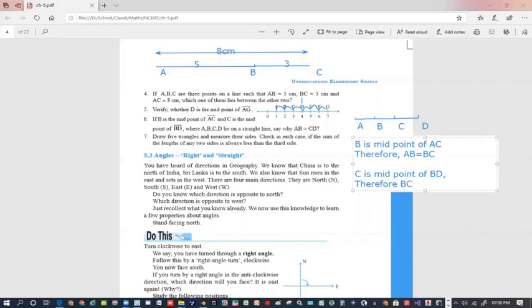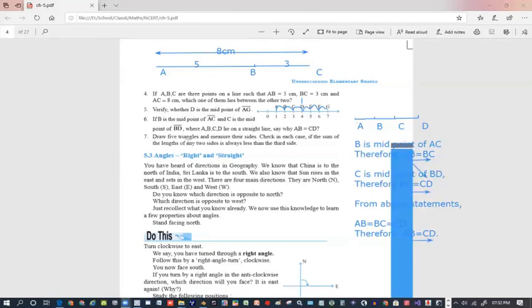So BC is equal to CD. So from the above statements, AB is equal to BC equal to CD. Therefore, AB is equal to CD. So this is the reason why AB is equal to CD. AB is equal to BC and BC is equal to CD. So AB is equal to CD.